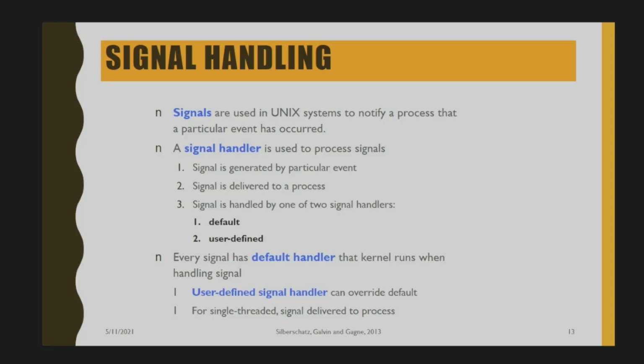Every signal has a default handler that the kernel runs when handling the signal. A user-defined signal handler can override the default. For single-threaded, the signal is delivered to the process, which is straightforward. But if we talk about multi-threading, the process of notifying is quite confusing.